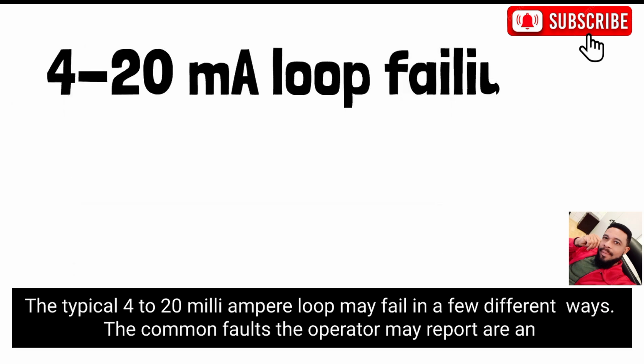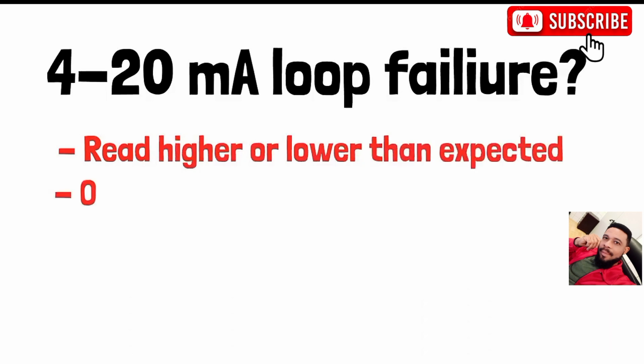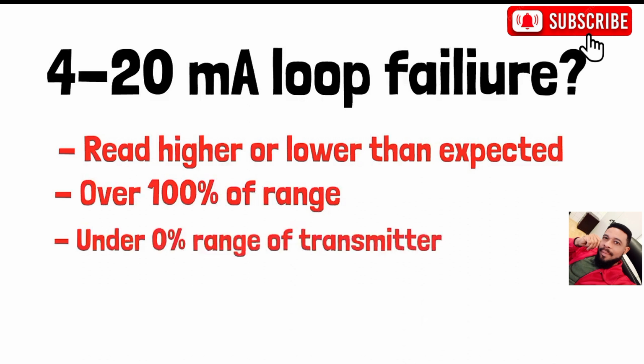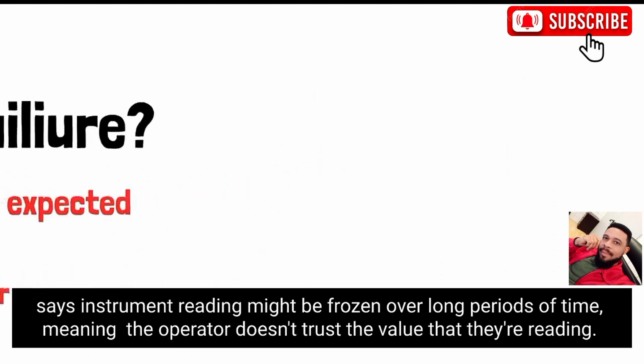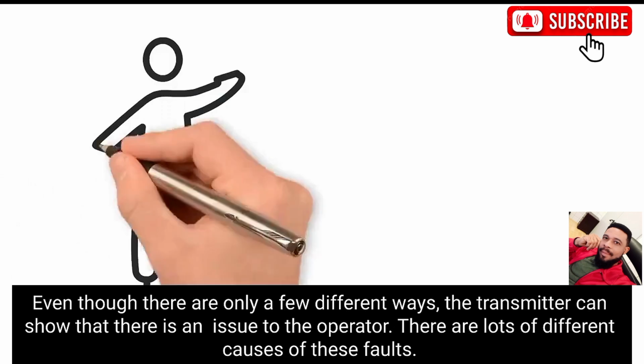The typical 4 to 20 milliamp loop may fail in a few different ways. The common faults the operator may report are: the instrument may read higher or lower than the operator expects; the process condition of an instrument may fail by going over the 100% range value of the transmitter or under the 0% range; or the instrument reading might be frozen over a long period of time, meaning the operator doesn't trust the value that they are reading.